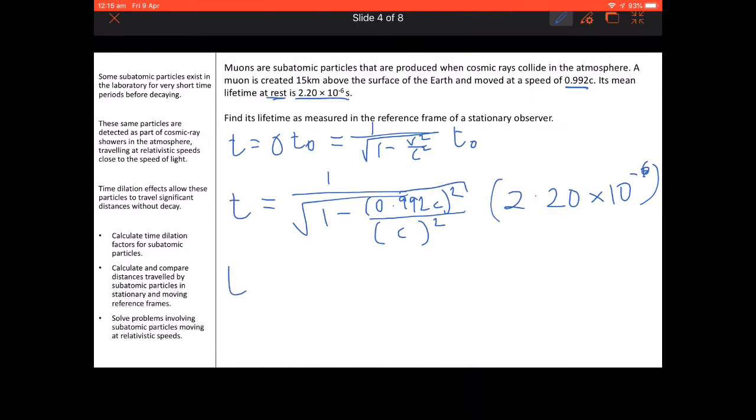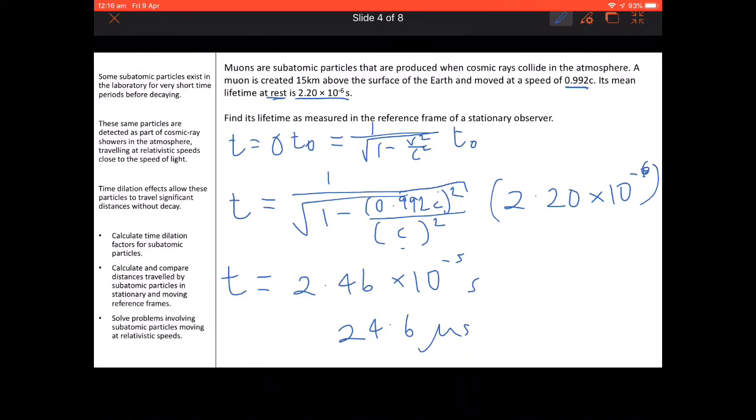Cool. I'm not going to bother writing out the 3.0 times 10 to the negative 8 here and here for the c's, because I presume we know what that is. And if you were to put this entire thing into your calculator, you would end up with 2.46 times 10 to the negative 5 seconds, or this is equal to 24.6 microseconds.